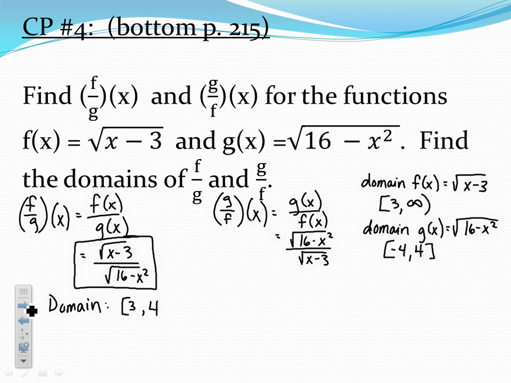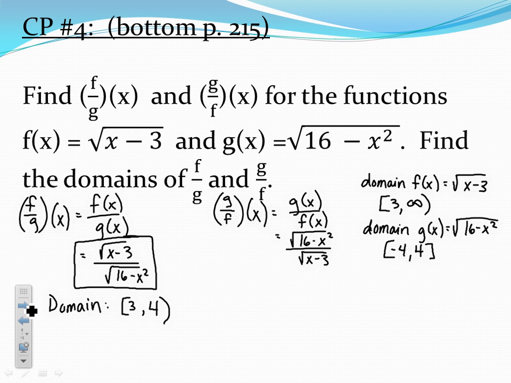We can go all the way up through -4, or up through +4, but not on the 4 itself, because that would make the square root of 16 minus 4 squared 0. Okay, so 3 ends up in both of these, and not quite 4 can work with both of these. All right, so the domain of f over g of x is going to be from 3 up to just shy of 4. Okay, so not a very huge domain there at all.